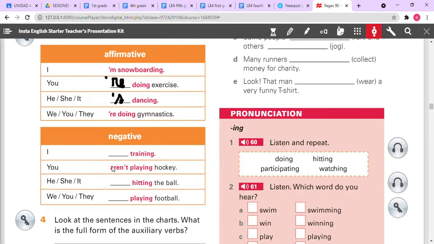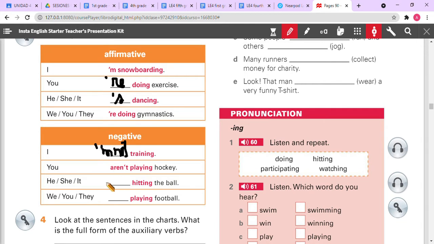Now let's continue in the second part. In the second part it says negative. Be careful. When I use this form, it is called affirmative. And the negative form is very easy. When I say am, am not, and the apostrophe.